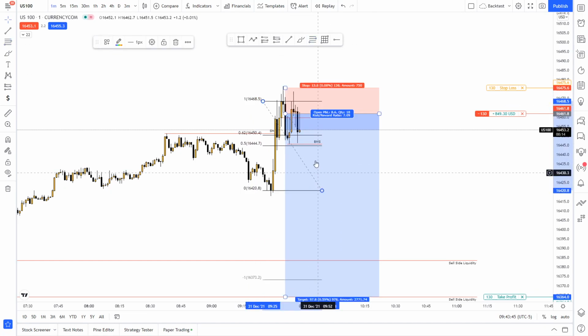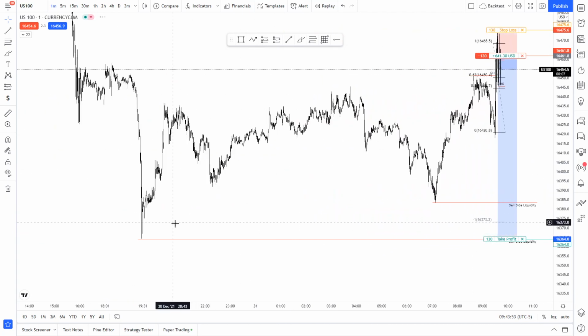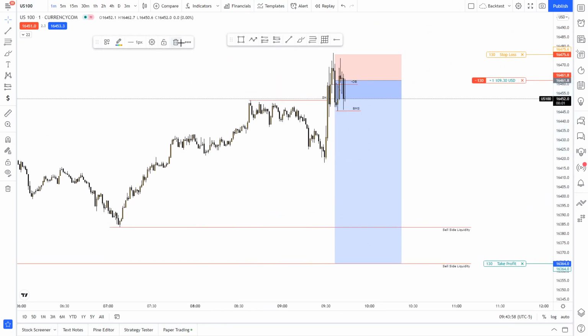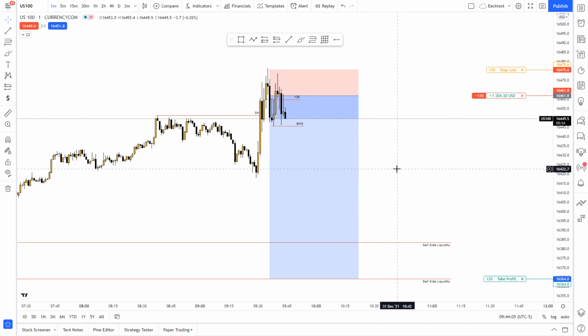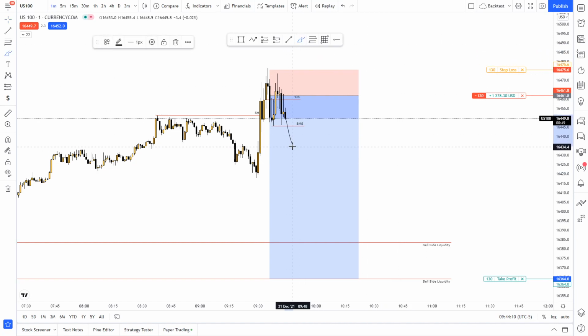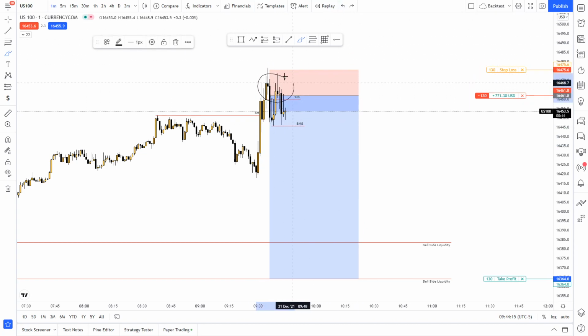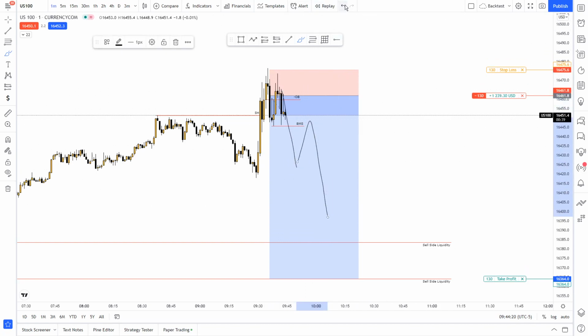So if these are OTE entries, we can say that we are targeting this area, which is in line with where I'm targeting. Okay, so now price should finish doing its shenanigans over here, and it should now break down and be more fluid.